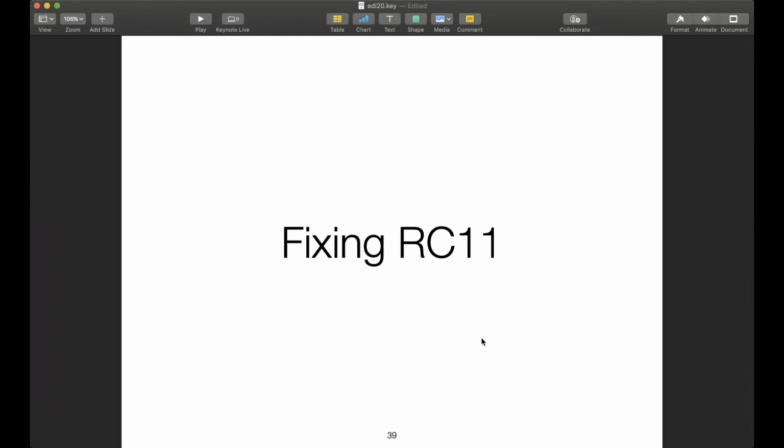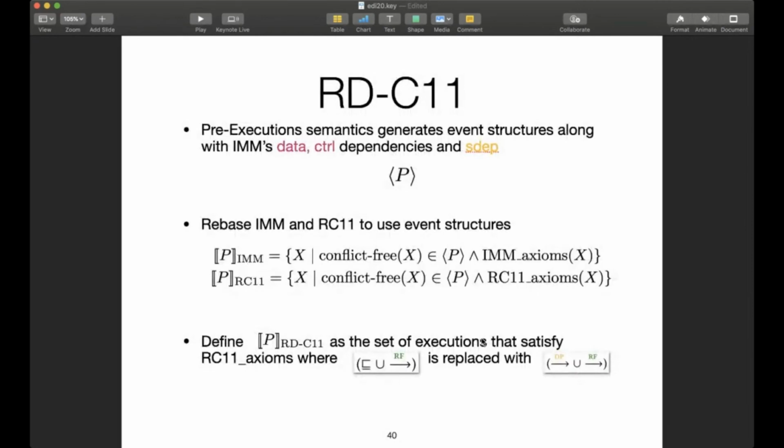Now we're going to take the ideas that we had for building the dependency relation there and combine it with the axiomatic model of RC11 in order to essentially fix problems that it has, where it gives the wrong semantics to thin air type litmus tests. The nature of RC11 is you generate a set of pre-executions and then filter them according to the set of axioms.